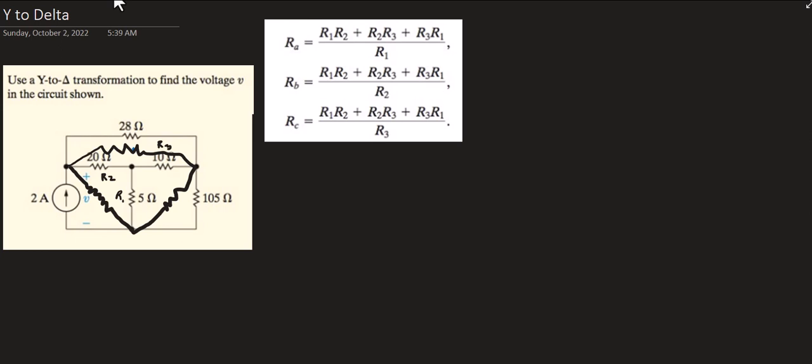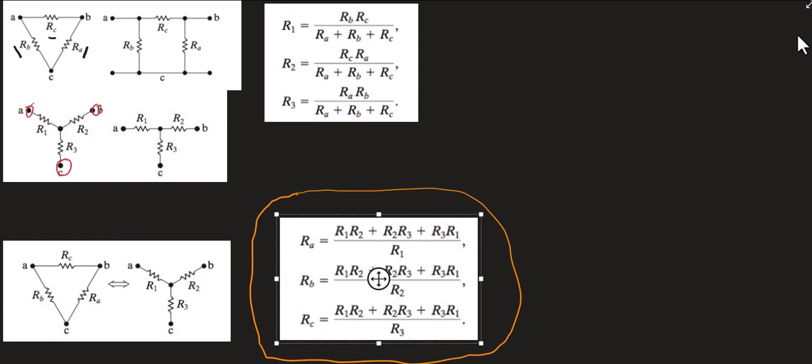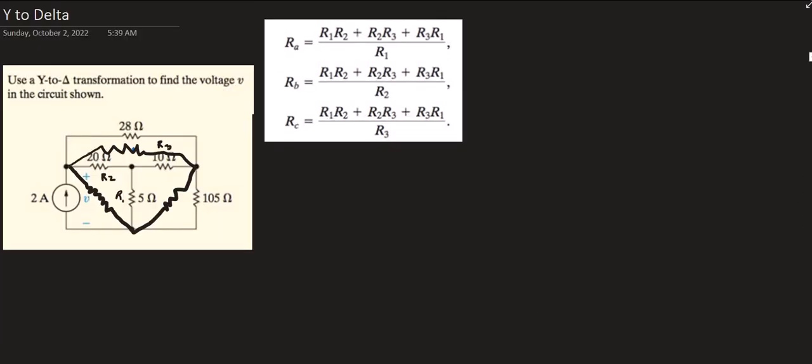And I want to give the nodes the correct name. So go back and look at what we have here. R1 and R2 go with nodes A and B. So here's R1, so I'll call that A. Here's R2, so I'll call that B. And here's R3, so I'll call that C. So I just matched them up.